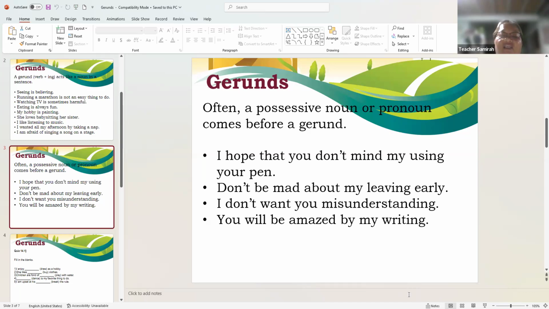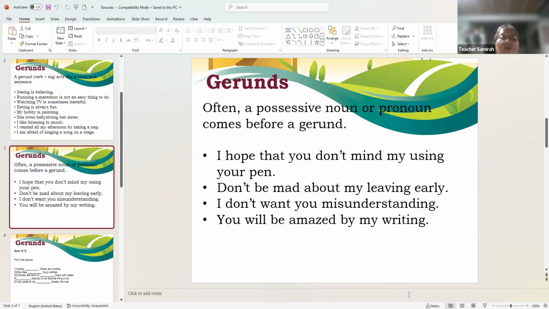So my again is a possessive before the gerund. I don't want your misunderstanding. So your is also a possessive. You will be amazed by my writing. So it's also a possessive.